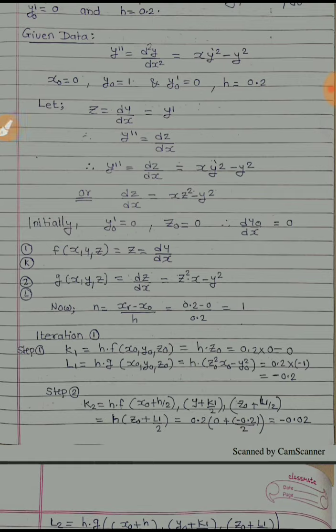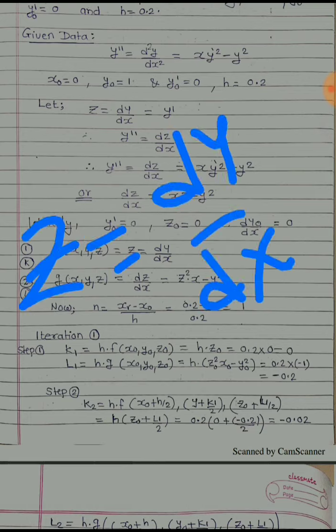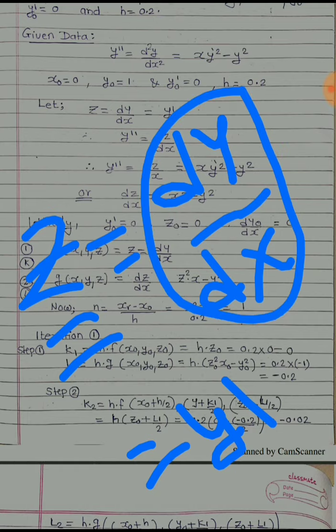So first of all, let z be equal to dy by dx. I am still trying to understand what data is given and to represent it in the form I want. We know z is always equal to dy by dx, the derivative of y with respect to x in a second order ordinary differential equation, to be very specific. This can also be represented as y dash, as it is the derivative of y with respect to x.